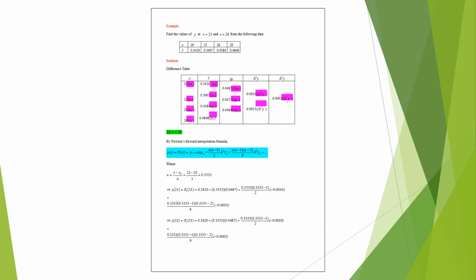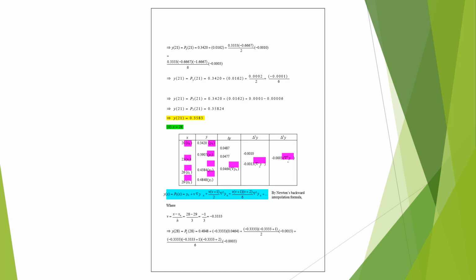So substituting these values in Newton's forward interpolation formula, we get the value of y at x equal to 21 is 0.3583. So this is the example of Newton's forward interpolation formula.